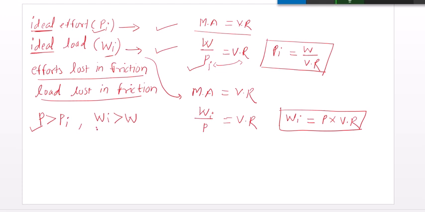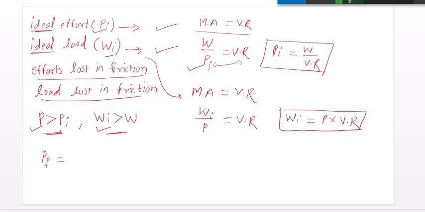By using these two things, we are going to find the efforts lost in friction. Efforts lost in friction I will indicate by P suffix F, that is PF. It is the difference between the actual efforts and the ideal efforts.